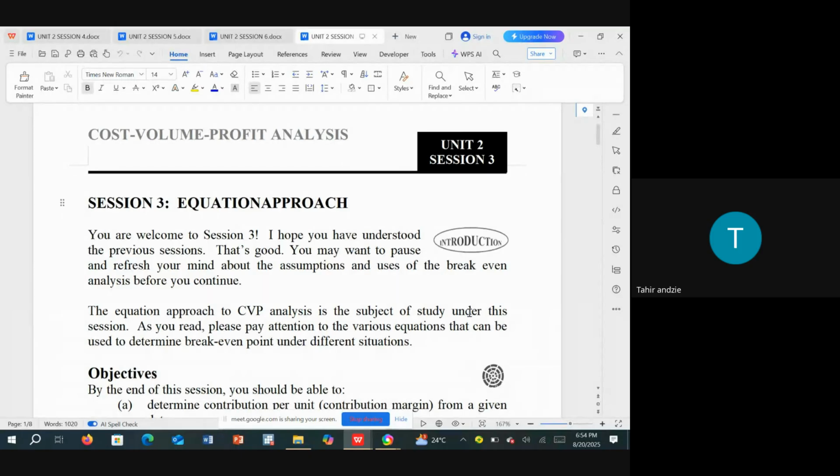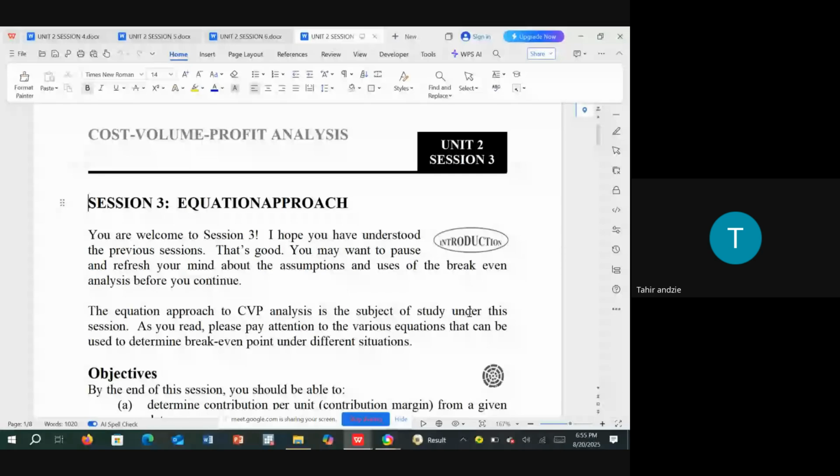So the selling price times the quantity minus the variable cost per unit times the quantity is supposed to give you the fixed cost. And therefore, because we want to get the quantity as the subject of the equation, we factor the quantity out into a bracket: selling price minus variable cost. So quantity into bracket selling price minus variable cost is supposed to be equal to your fixed cost.